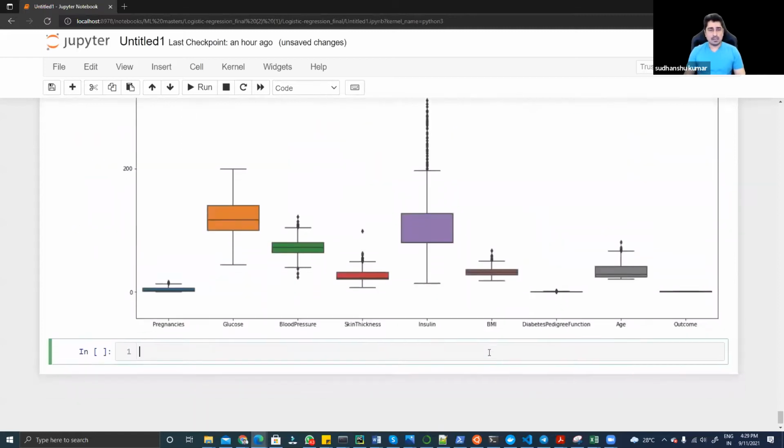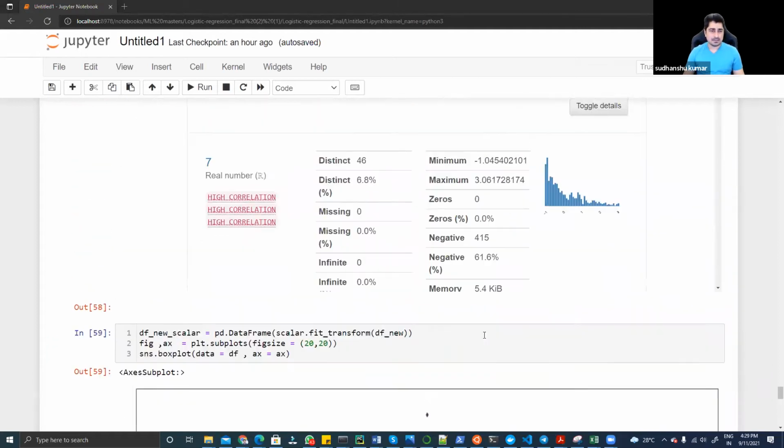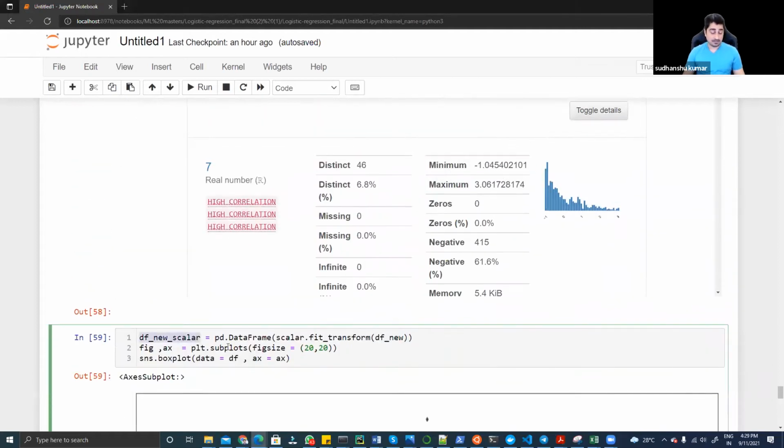Execute. And yes, this is what we get in terms of outliers, right? That's a result. So it's not like we are removing the complete outliers by doing a standard scaling, I believe. But so I changed the data. Sorry, my bad.